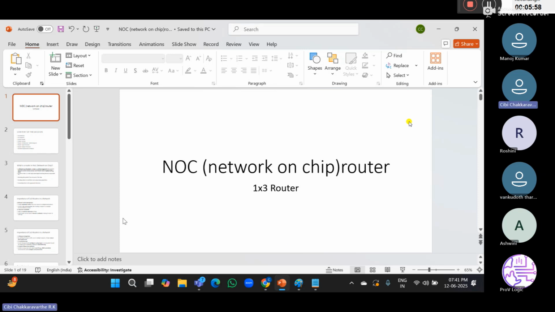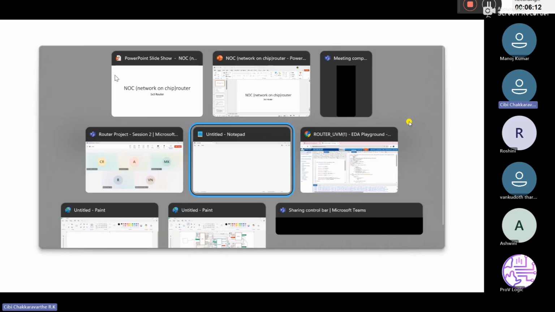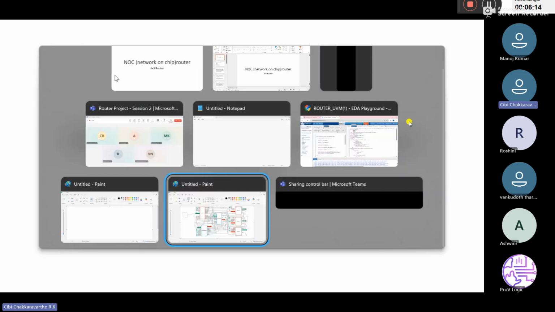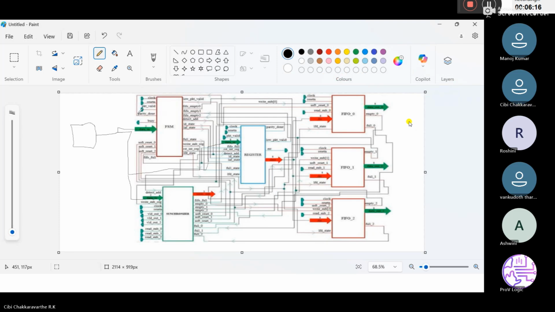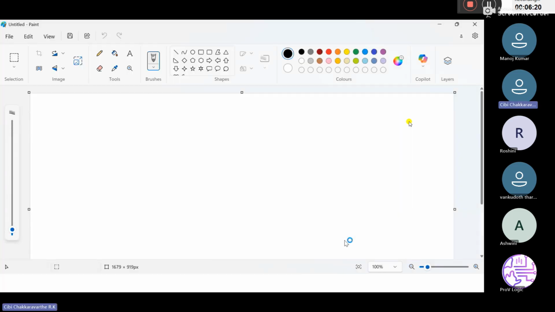Okay, let's start. See, actually, what we are seeing is a 1x3 router. Before going into the session, I need to convey one thing. Yesterday someone asked me a doubt: there are three FIFOs, so what is the use of three FIFOs?